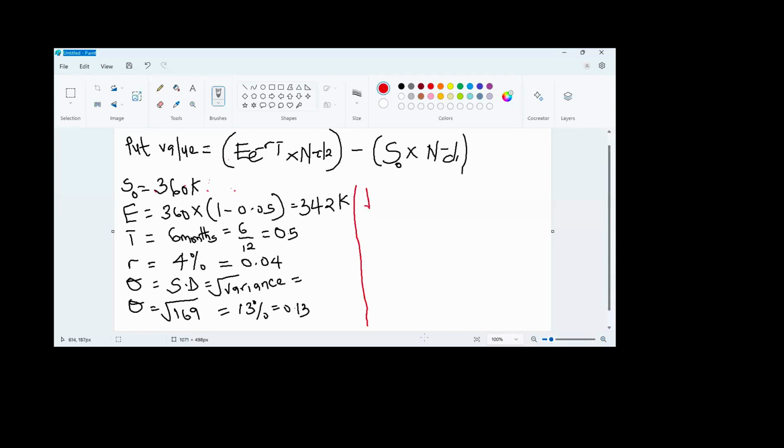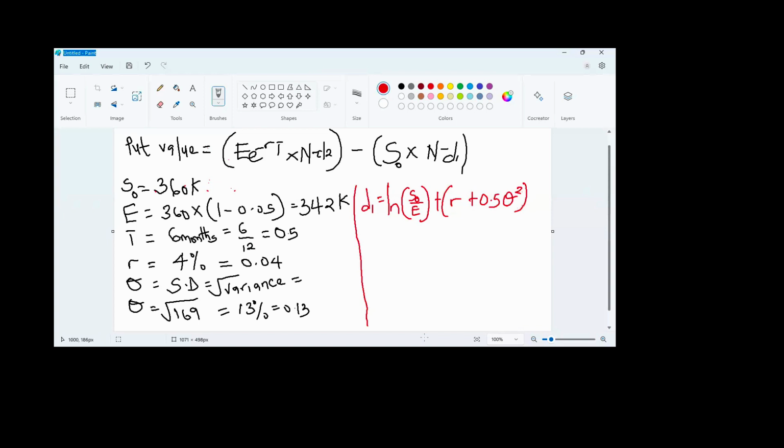Now, your D1. What is the formula for D1? It's also in the question. D1 is equal to ln of, in brackets, XO all over capital letter E, close your brackets, plus open another bracket, small letter R plus 0.5, which is constant with that formula, times volatility square.